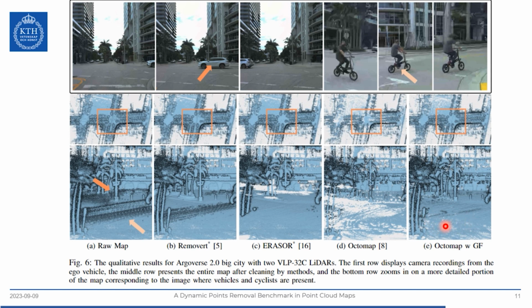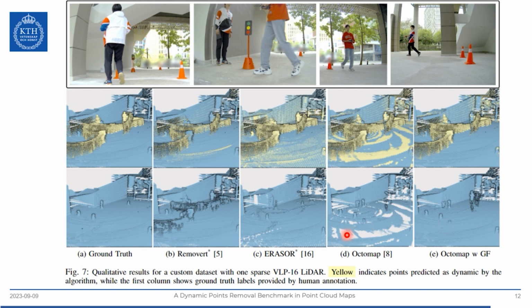As these points are considered definitely static, raycasting is not performed to remove ground points, further enhancing the accuracy of the map. As shown in the original OctoMap exhibit here, the sparse LiDAR ground point problem leads to many ground points being removed regularly by LiDAR rays. Well, OctoMap with GF solved this problem.